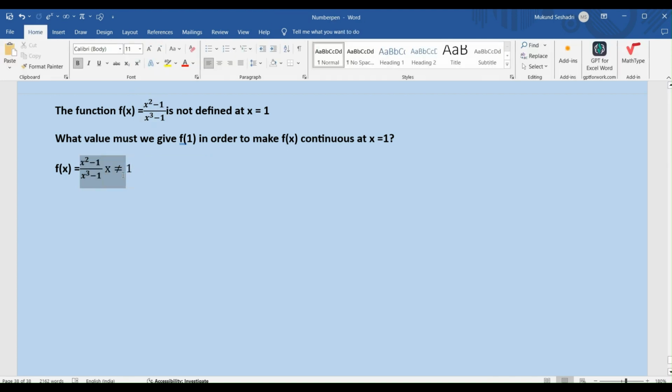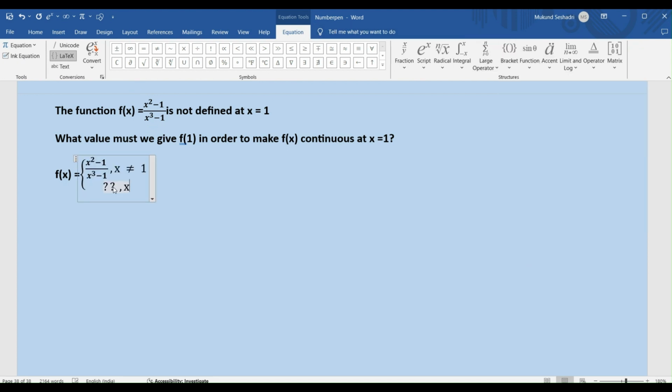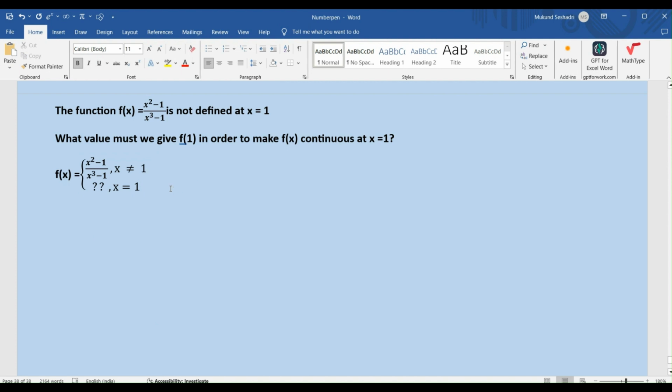And then we've been told to figure out what is it that I need to give f of x for function f of x to be continuous at x equal to 1, right? So if I rearrange my f of x and define it like this, it gives us clarity on what we are supposed to do in order to find out f of 1, right?